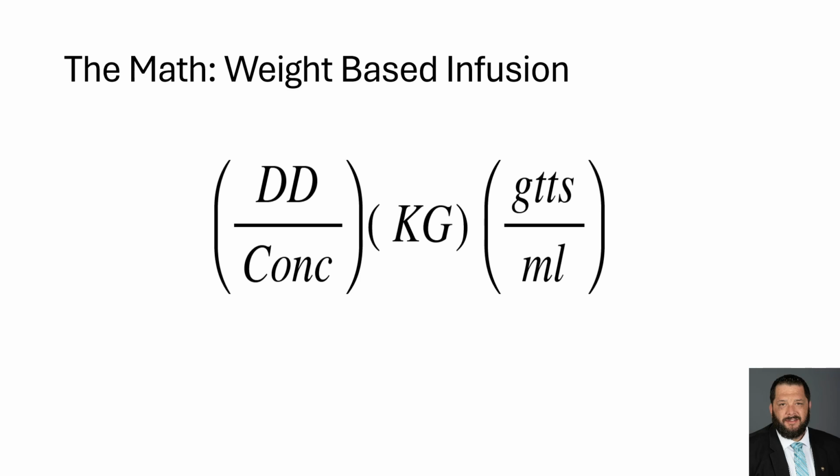Take your desired dose, and we'll use an example dose of 1 milligram per kilogram per minute. Sorry for the scratchy writing there with a mouse. We'll take a concentration of 1 milligram per milliliter. We'll say that this patient weighs 25 kilograms.